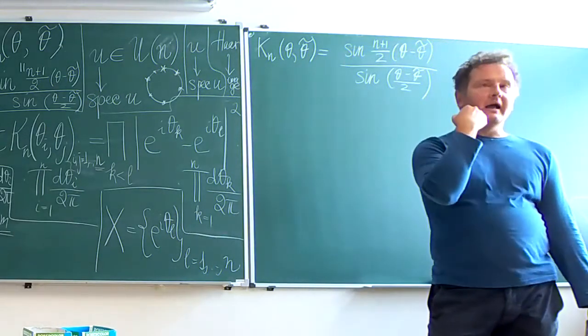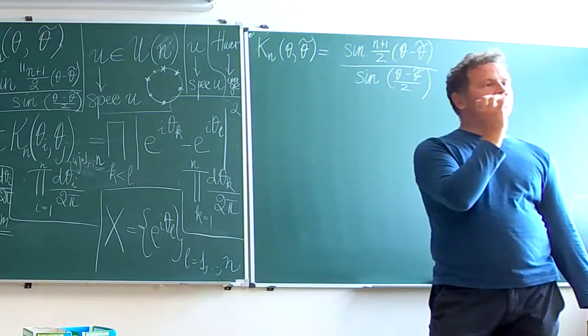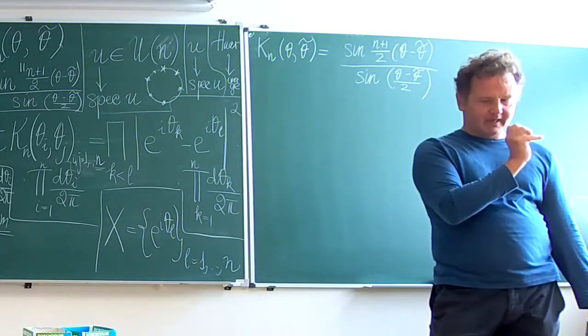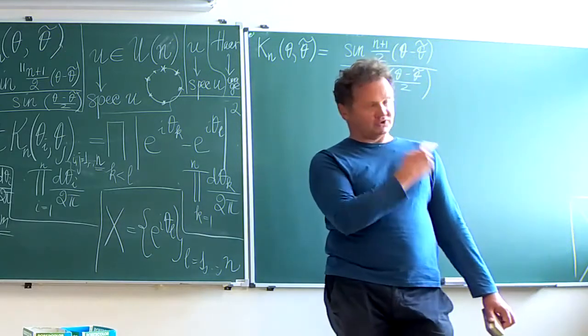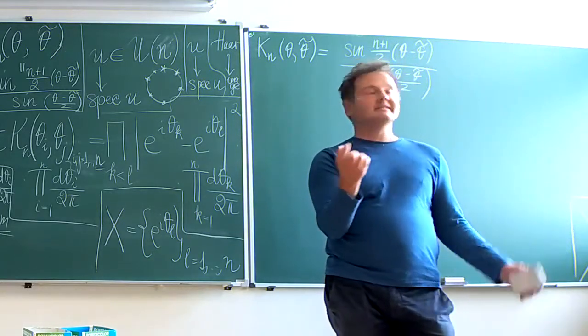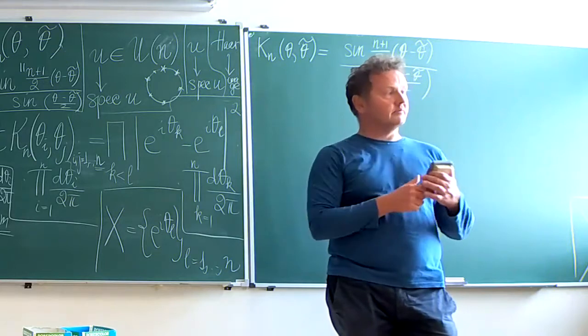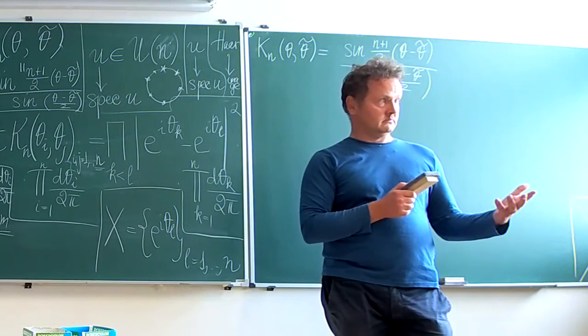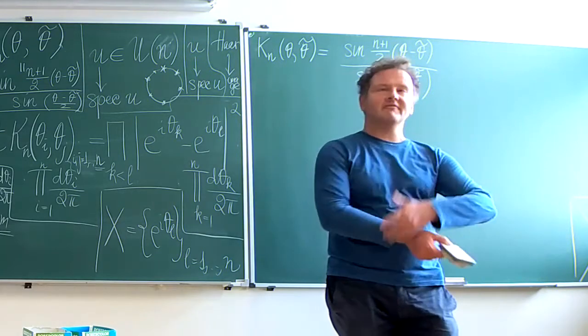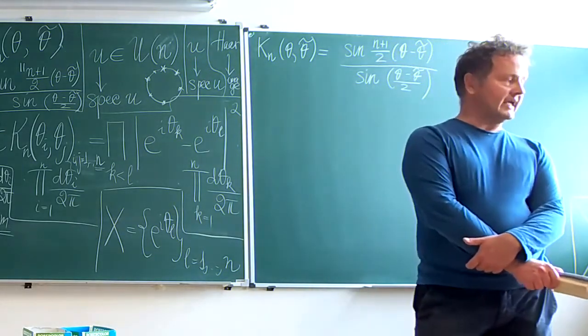So, if I'm interested in what happens around my position, it is natural for me to expand by a coefficient n. The distance between neighboring eigenvalues is roughly 2 pi over n.